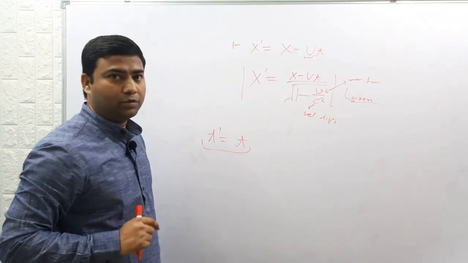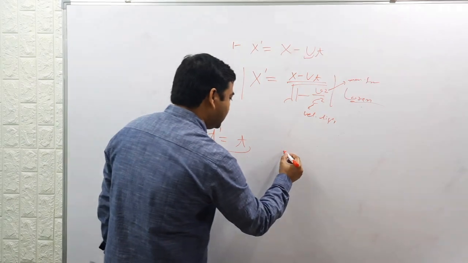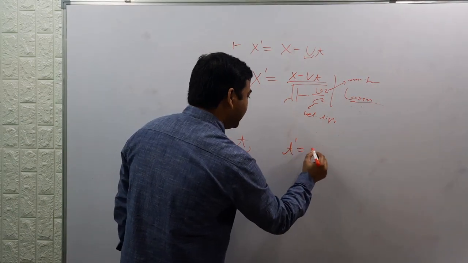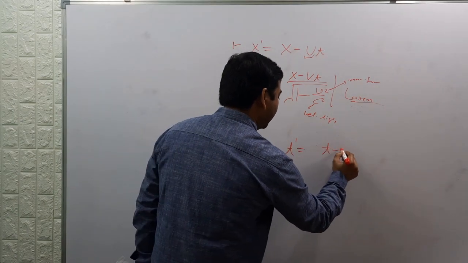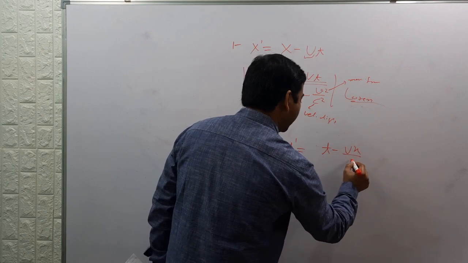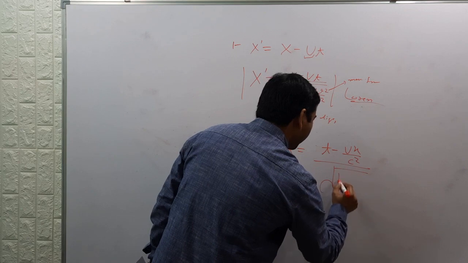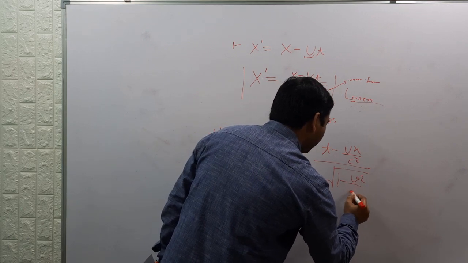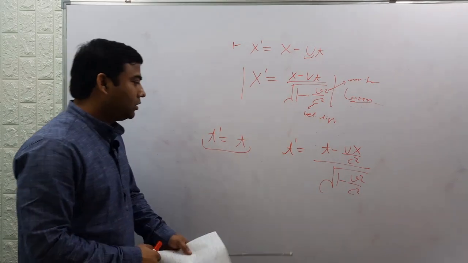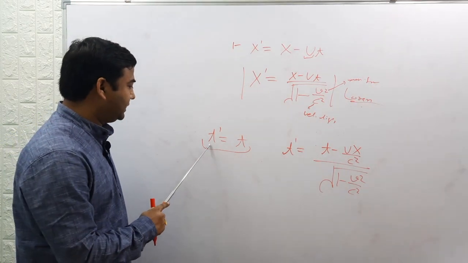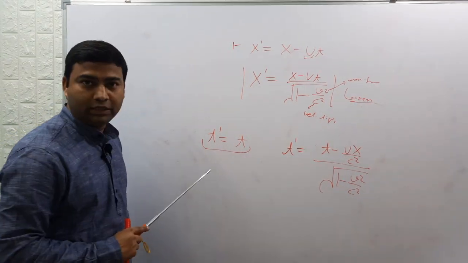But in Lorentz transformation, t dash is given by t minus vx by c square, divided by under root 1 minus v square by c square. So in Lorentz transformation, t dash is not equal to t.